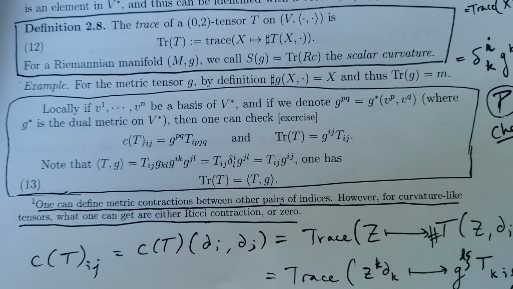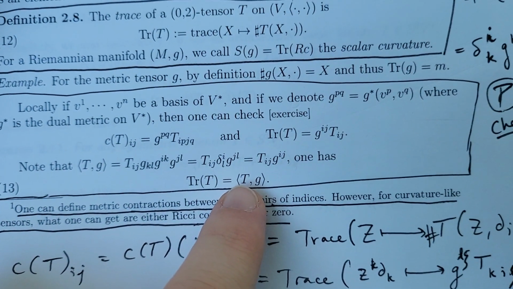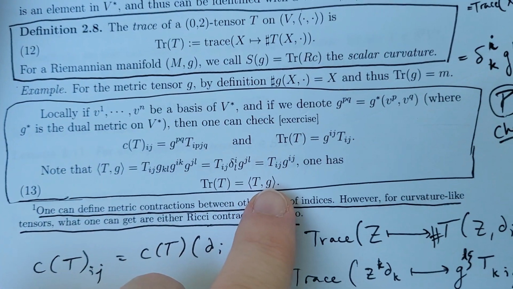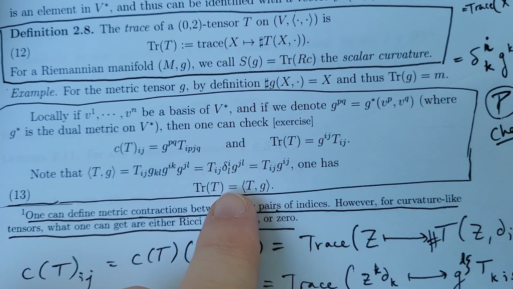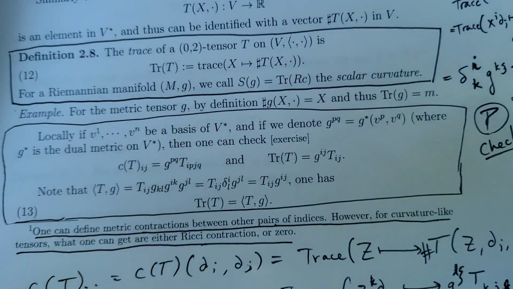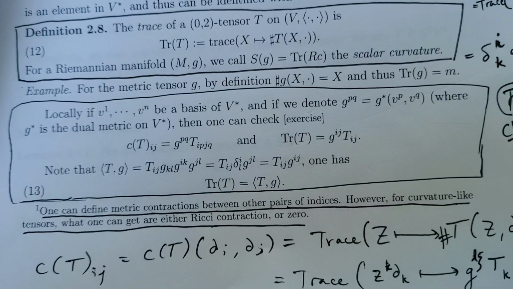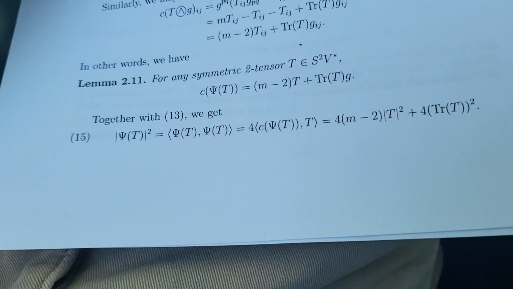It takes in two vector fields, outputs a real number, and it's bilinear. So is this tensor T that we're taking the trace of. Turns out the trace is literally just the inner product of this 0,2 tensor T with the metric G, where this inner product on the tensor bundle we defined previously.